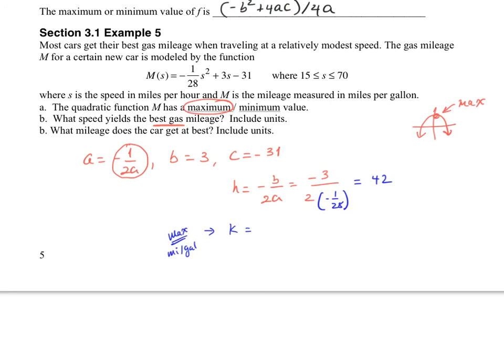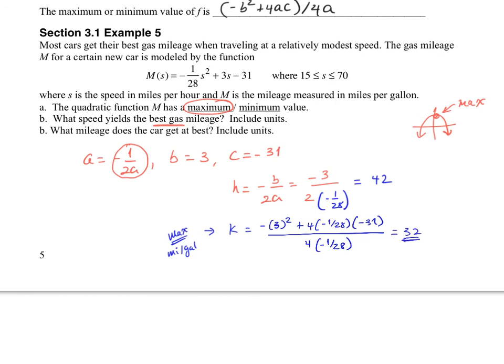So it will be minus b, so b is equal to 3, so this is minus 3 squared, plus 4a, remember a is minus 1 over 20, c, which is minus 31, and everything divided by 4a. And this looks messy, but you can just use a calculator, and you should check that this is 32 miles.